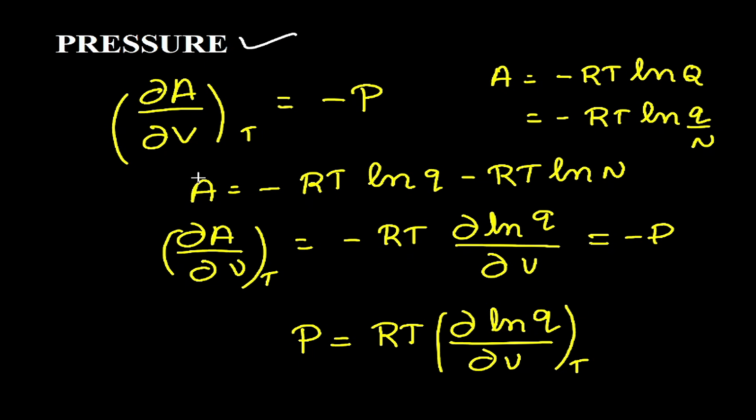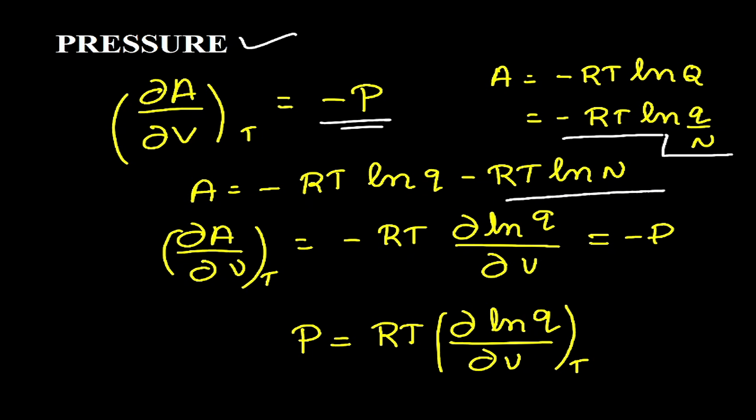The next thermodynamic function that we'll be looking at is pressure. Now pressure is the rate of change of work function with respect to volume at constant temperature, and we will be using this expression for work function in order to obtain the pressure. We could expand this: work function A = minus RT ln Q minus RT ln N, and then we will differentiate it with respect to volume at constant temperature.